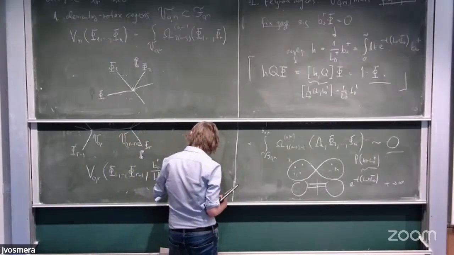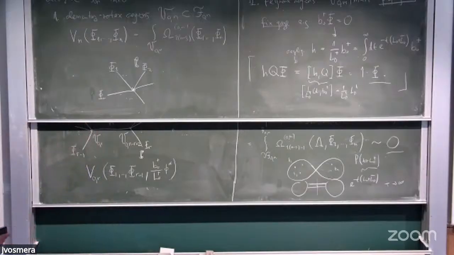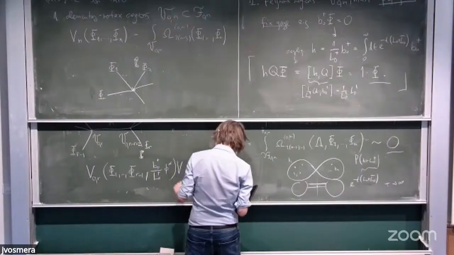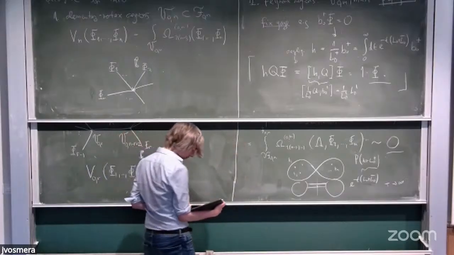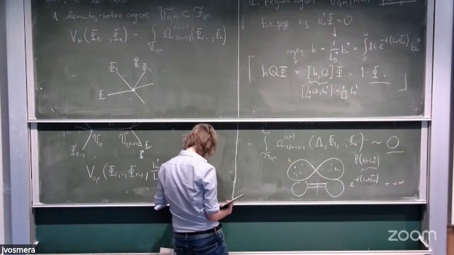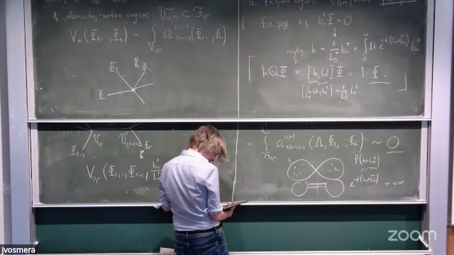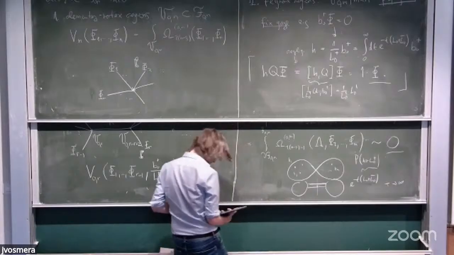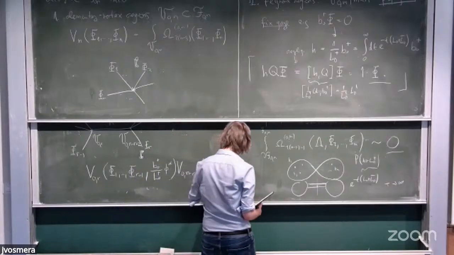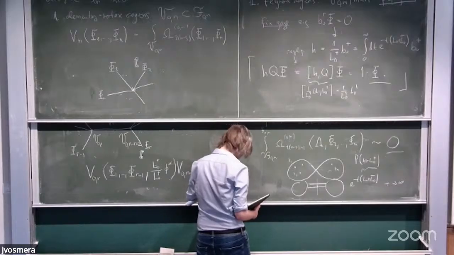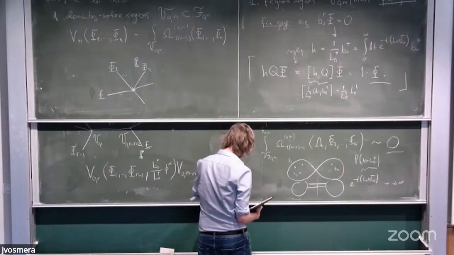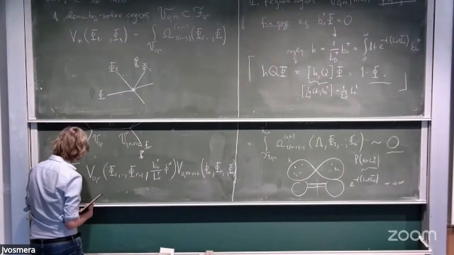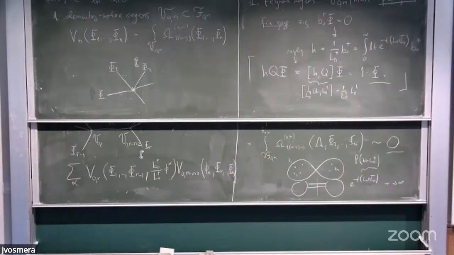So let me just write down the expression and then I will try to explain. The insertion of the propagator I'm going to implement by the insertion of a complete set of states. And this complete set of states is going to be represented by these states phi alpha. So then for the other vertex, I need to reconnect it to the first vertex by the basis state phi alpha, phi R, and then phi n. And then just to emphasize that I'm summing over a complete set of states, sum over alpha.